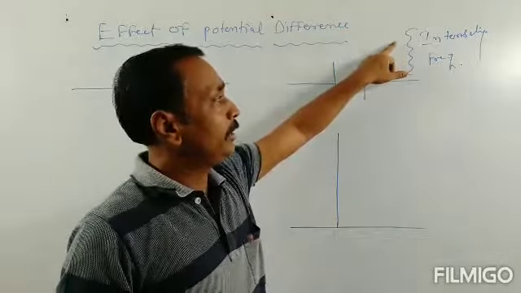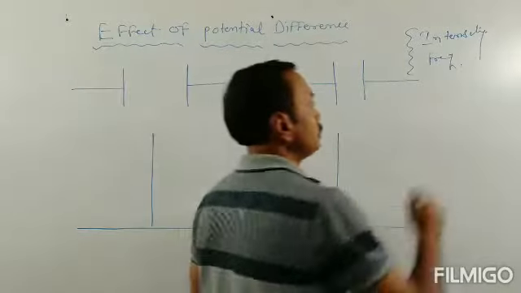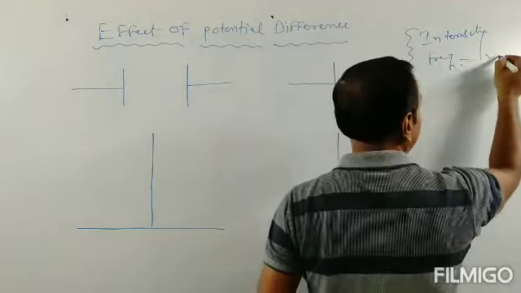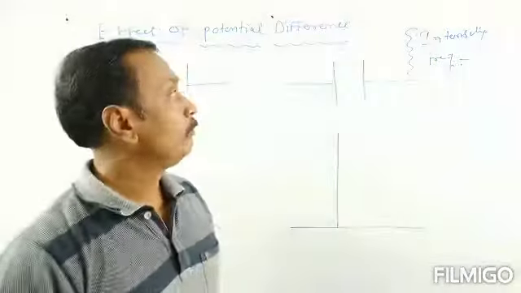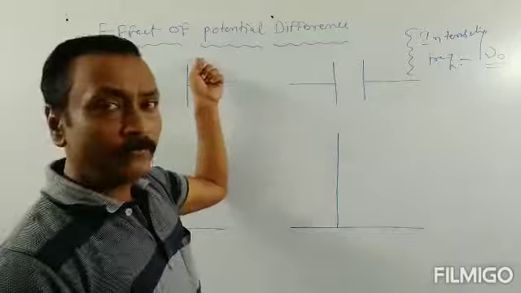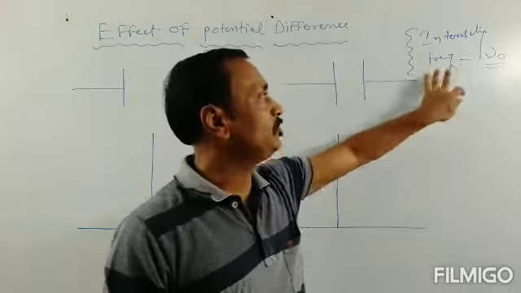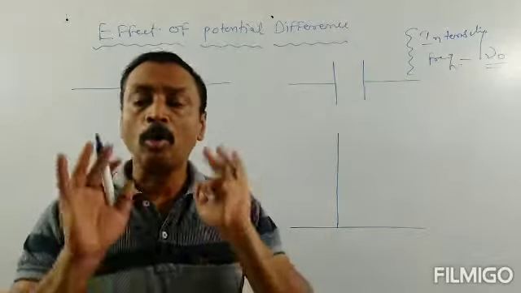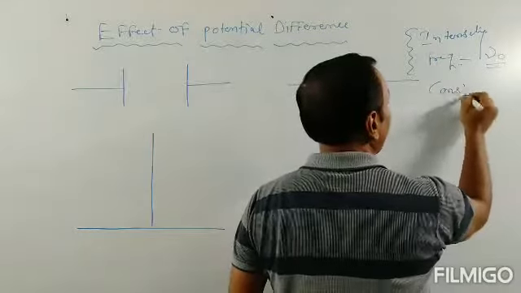First of all, in this case, the intensity and the frequency. Frequency means the threshold frequency, nu zero. Okay. So for the effect of the potential difference, we take the intensity and the frequency to be constant.